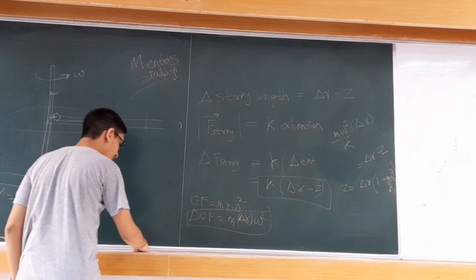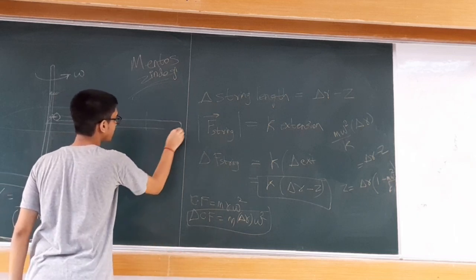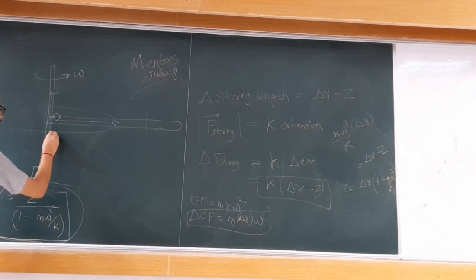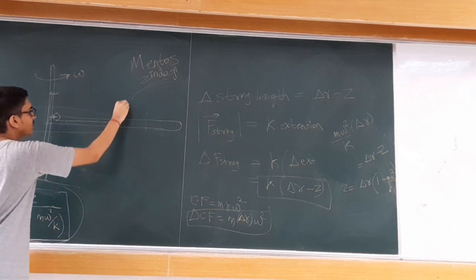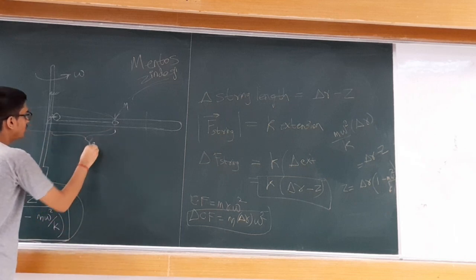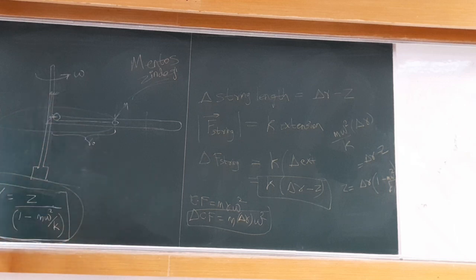forget that we are bringing it down by z, just remember this setup, and at this setup when this is rotating with omega, the mass of this is m, and this radius say is r0. Yeah, I guess that's sufficient.